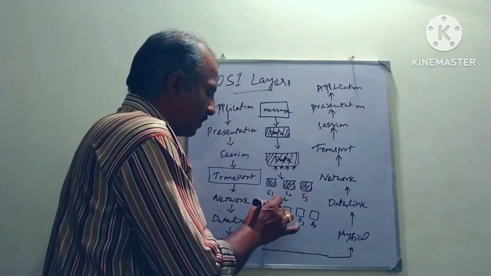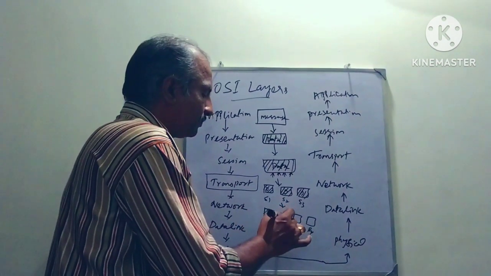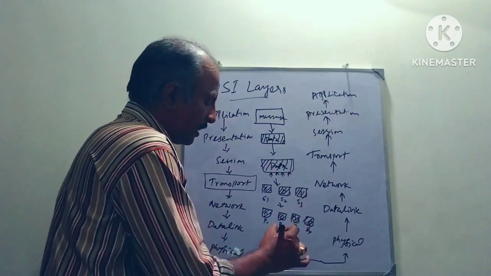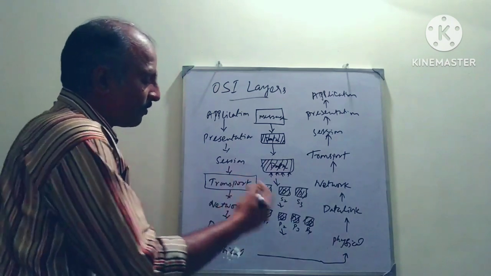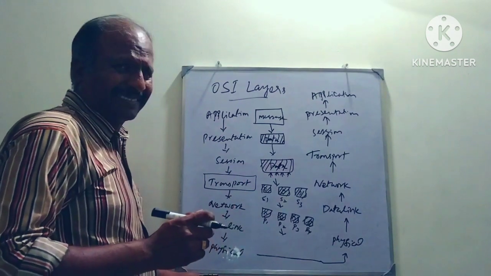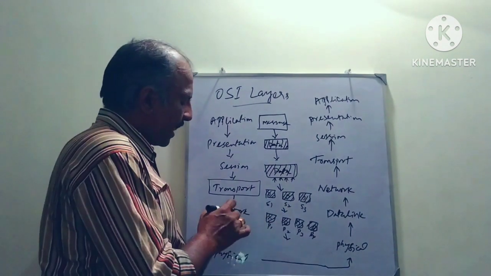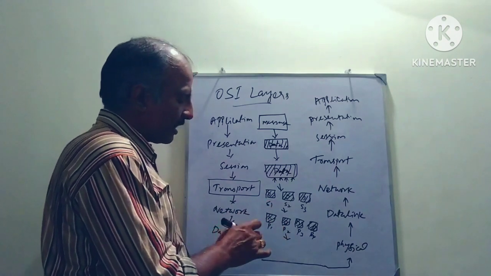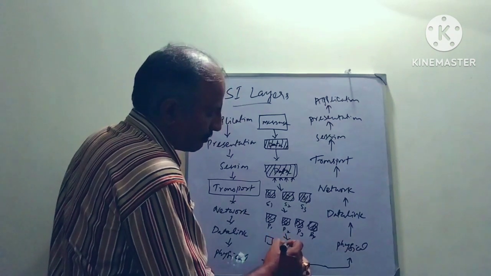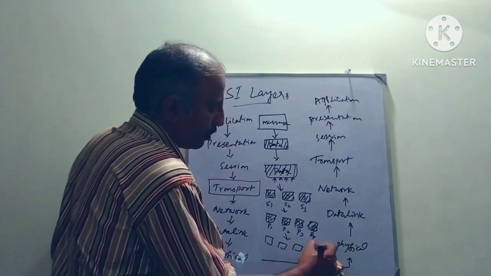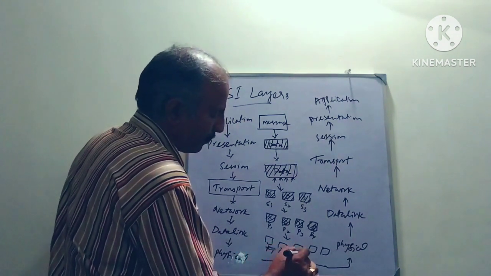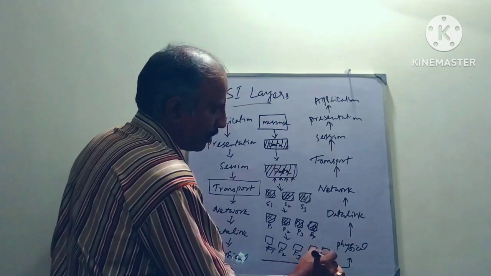These packets are then sent to the data link layer. The data link layer converts the packets into frames, frame by frame: F1, F2, F3, F4, F5, like that.